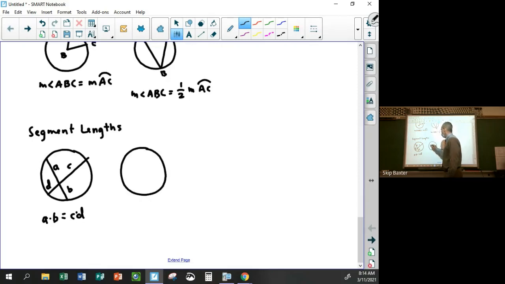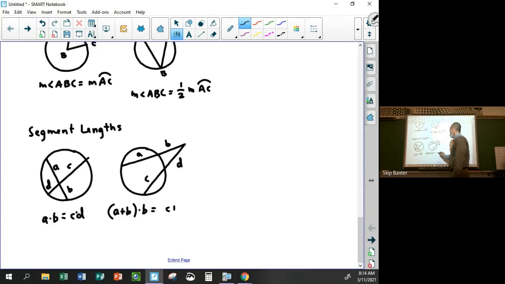Two secants intersecting outside the circle. For this one, the whole secant, A plus B, times the outside part equals the whole secant here, C plus D, times the outside part.